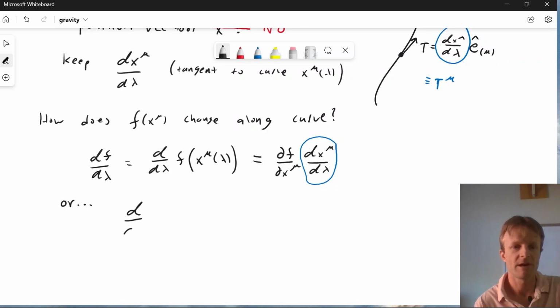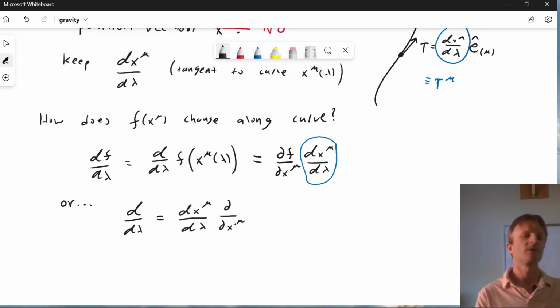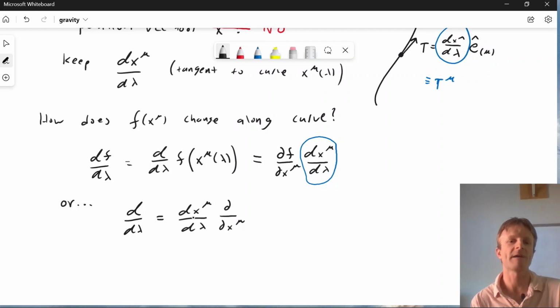d by d lambda equals dx mu d lambda, d by dx mu. Okay, this is just something I'm choosing to write. I'm going to use this as part of the definition, but it's a natural thing. You could imagine thinking of the action of this tangent vector we're trying to define on a function as an operator d by d lambda that's ready for the function to be stuck in. And then you just stick the function in on both sides, and you immediately get this.